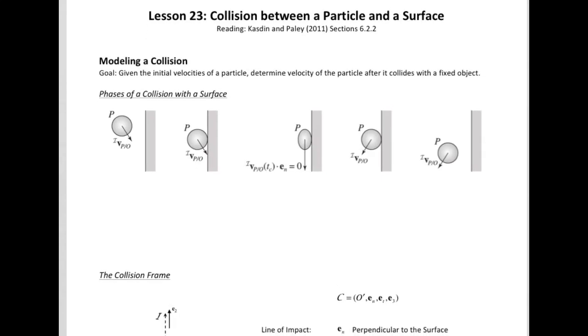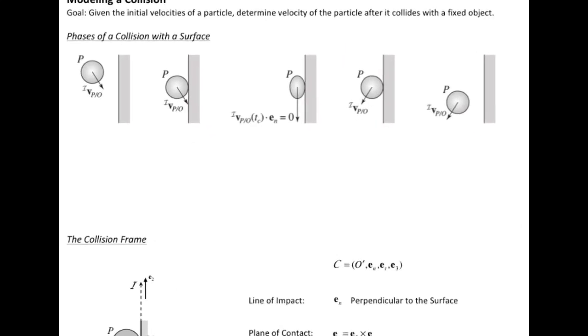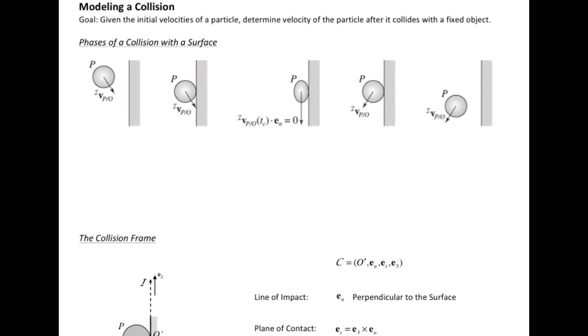The next thing that's very similar is the phases of the collision. So we still have, in this case, an initial phase, and in this initial phase we know the velocity. And then we have our final phase in which we're determining the final velocity.